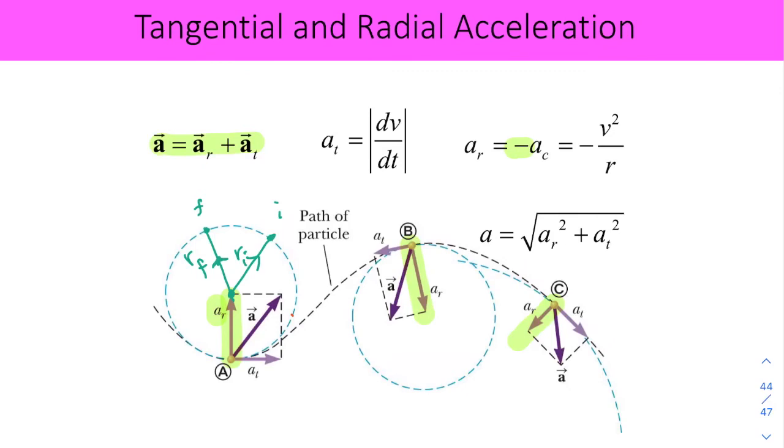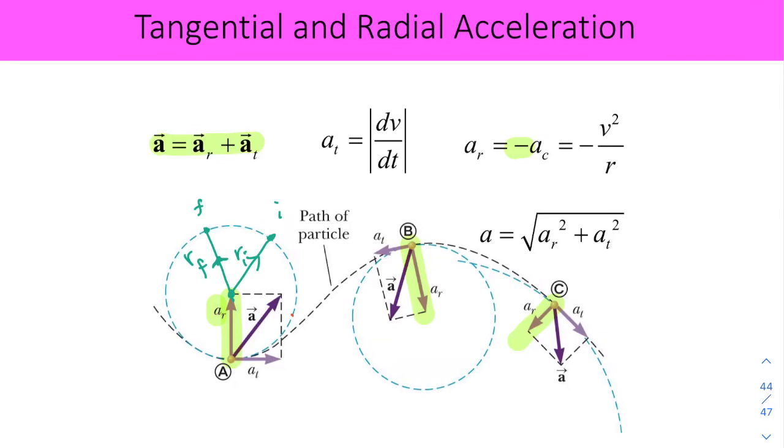So back to the magnitude of it, it's equivalent to v squared over r. At any instant, the object experiences two kinds of acceleration, at and ar. Therefore, to have the magnitude of the resultant a that the object experiences, you have to use Pythagoras like this.